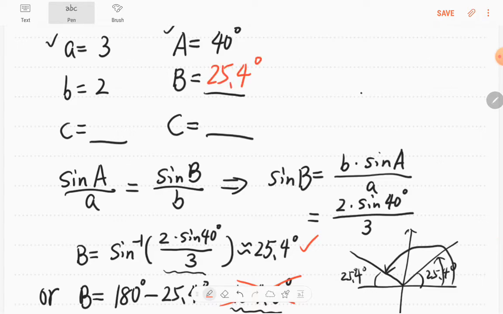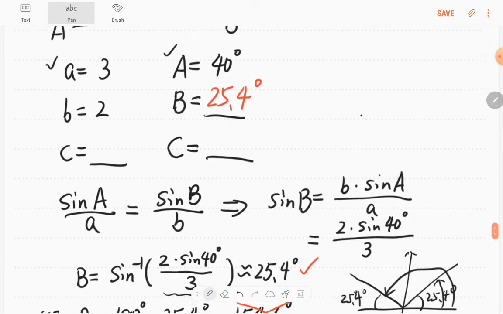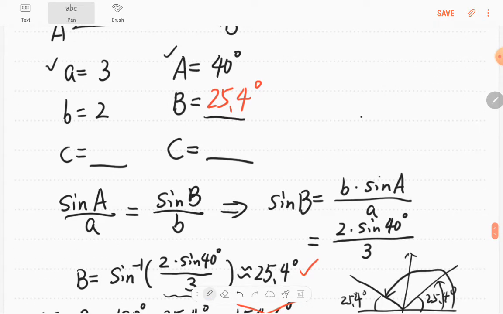Okay. So you cannot just find the solutions and fill in the answer. You need to look at which one, right? Or both are correct, or just one is correct. Since we know angle A and angle B, we can calculate angle C. Angle C is equal to 180 degree minus 40 degree minus 25.4 degree, which is equal to 114.6 degree.